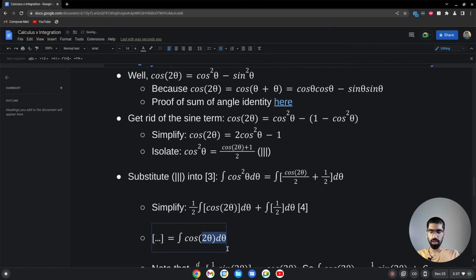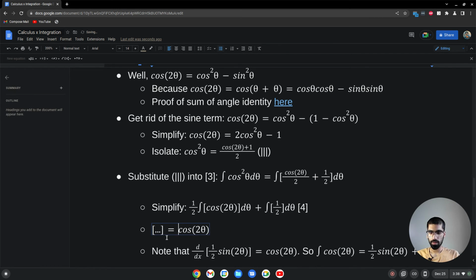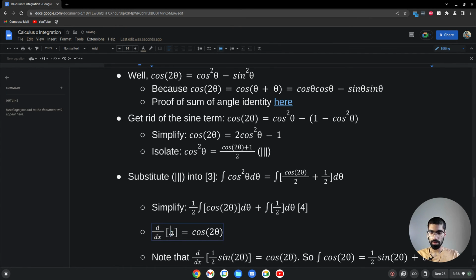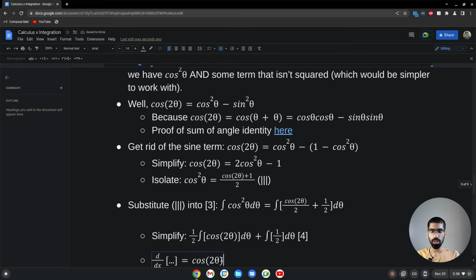What I'm saying is this is going to be equal to whatever you can differentiate to get cosine of 2 theta. So figure out something you can differentiate which gives you cosine of 2 theta, and that will be related to the final integral formula you're looking for.